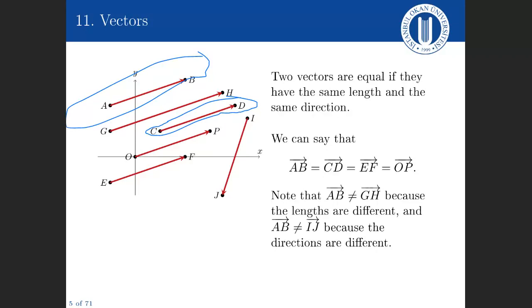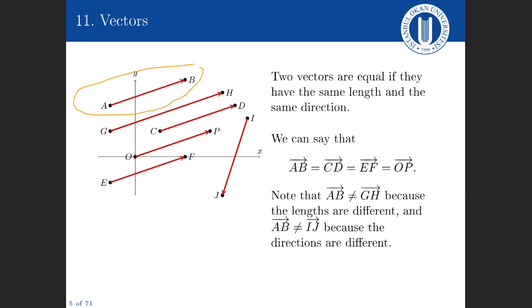The vector EF and the vector OP are also the same vector. However, the vector AB is not the same as the vector GH because the lengths are different. And the vector AB is not the same as the vector IJ because the directions are different.